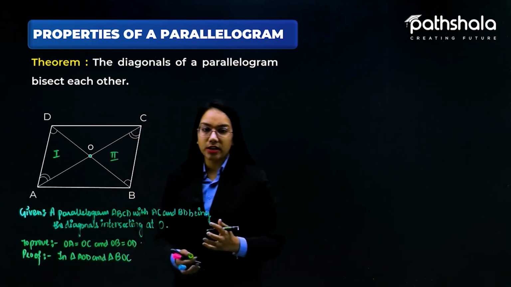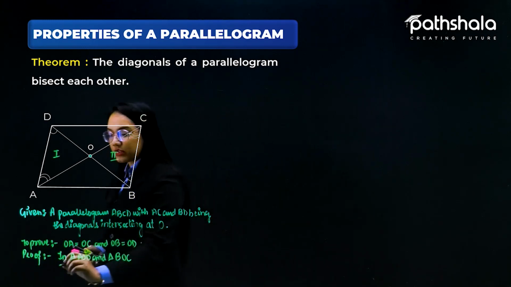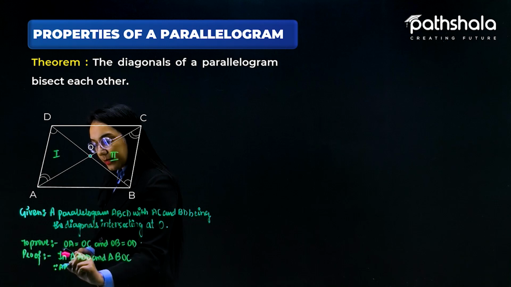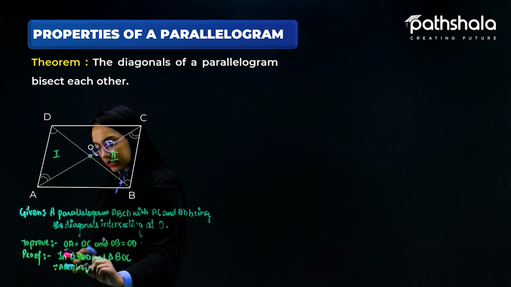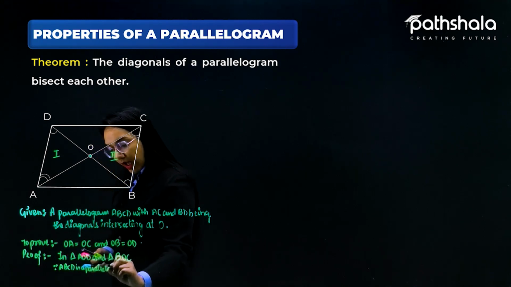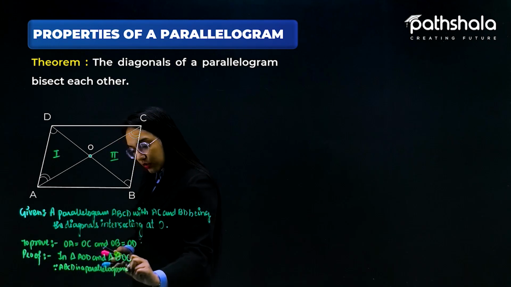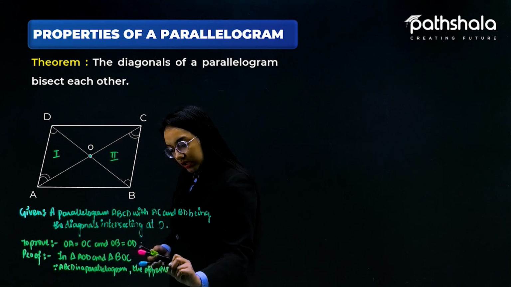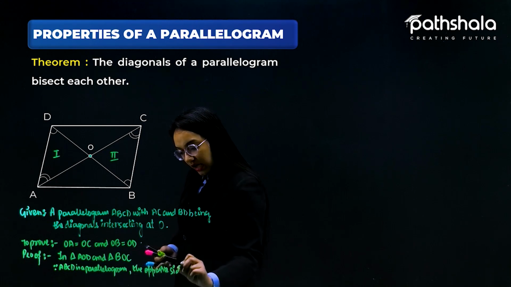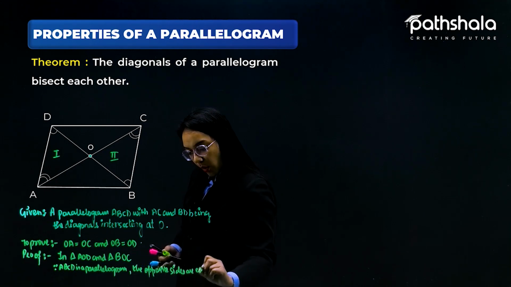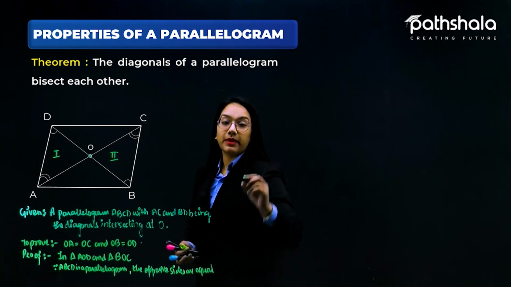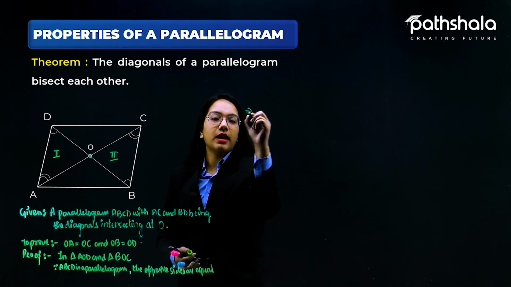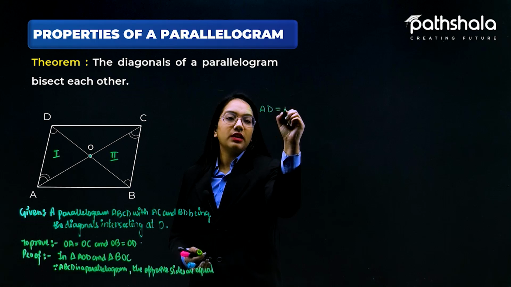Since ABCD is a parallelogram, as per the properties we know that the opposite sides are equal. So it implies that AD is equal to BC.